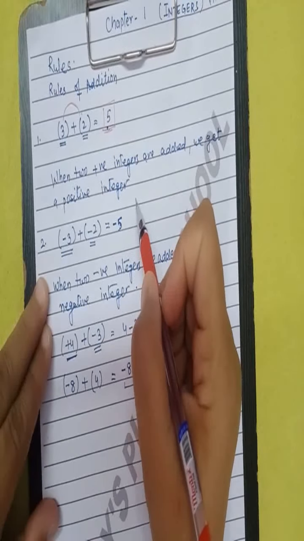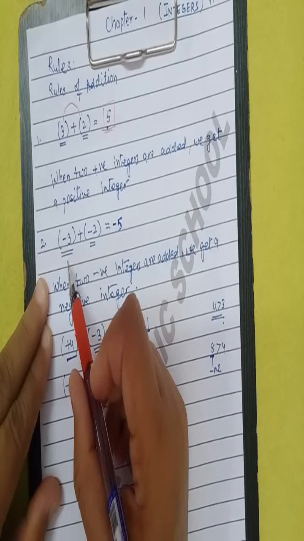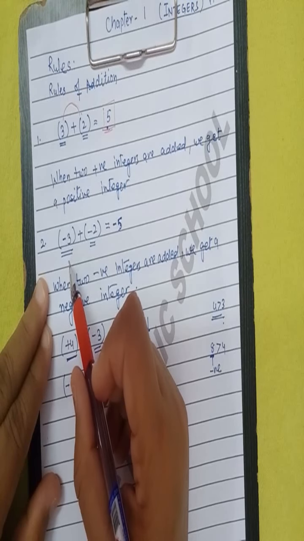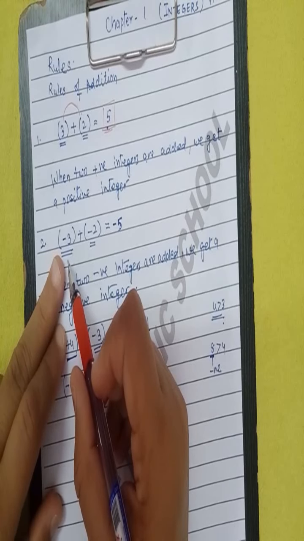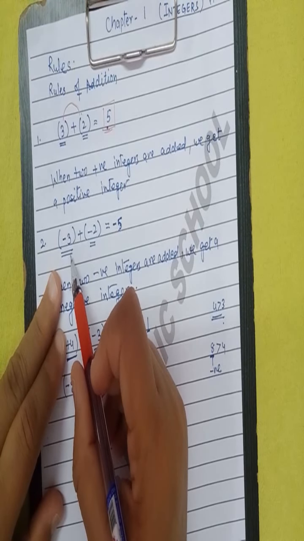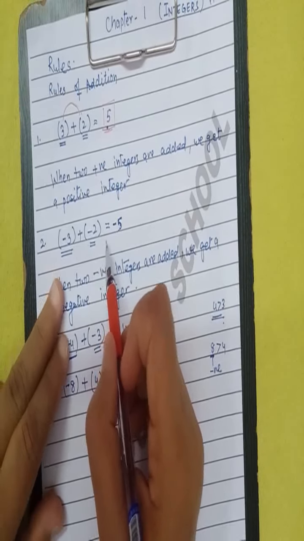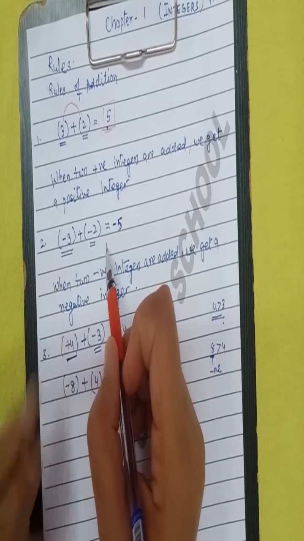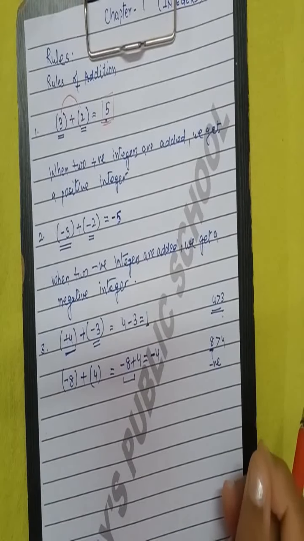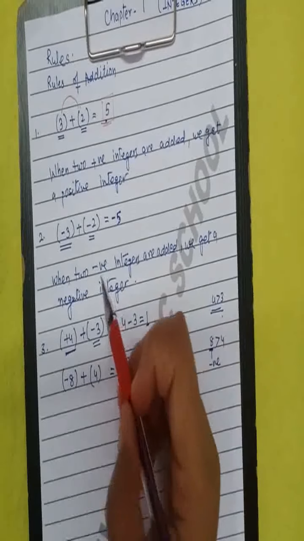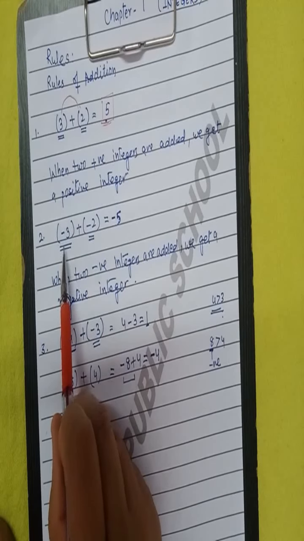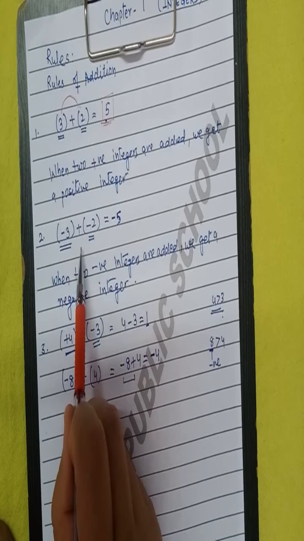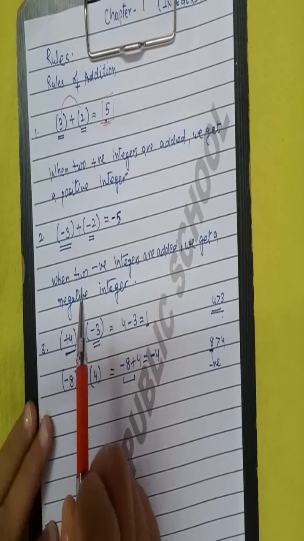Now the next is, suppose we are adding two negative integers, -3 and -2. In the second rule, when two negative integers are added, we get a negative integer.